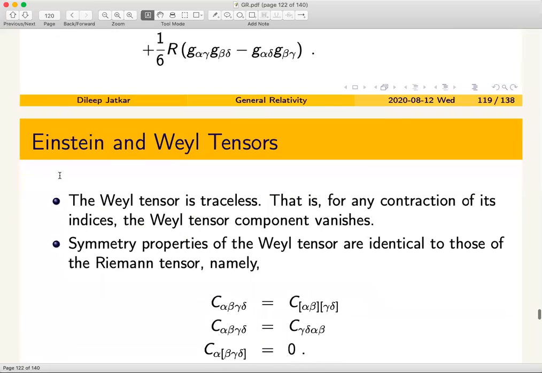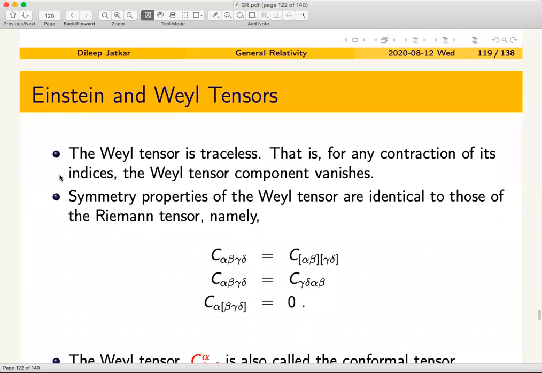Fine. So as I was saying, the Weyl tensor has exactly the same symmetry properties as the Riemann tensor, and I have quickly listed them like this: it is antisymmetric in alpha and beta, that's the statement of the square bracket, and antisymmetric in gamma delta, so that's the same square bracket. And if you exchange pairwise, then it is symmetric. Wait a minute.